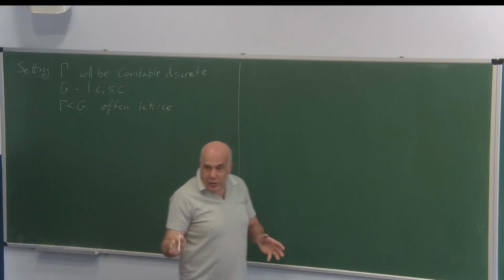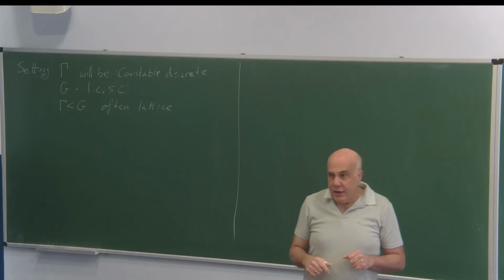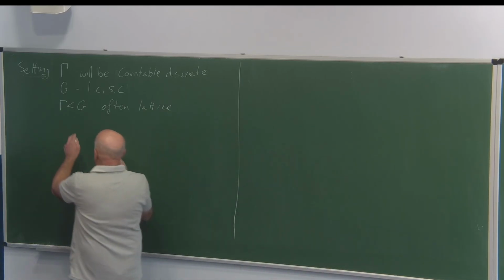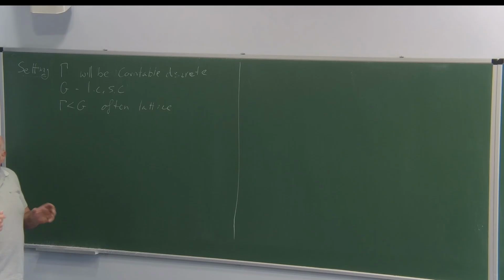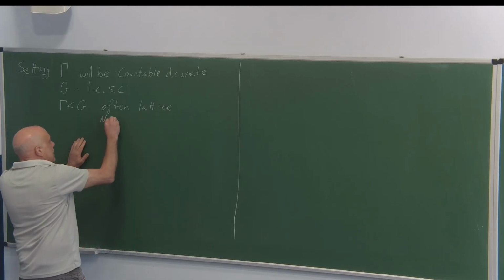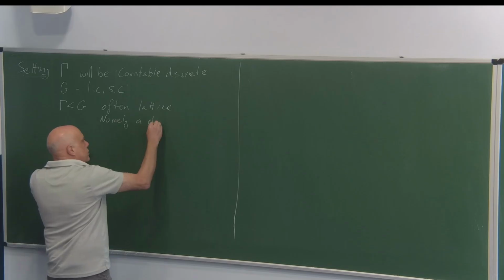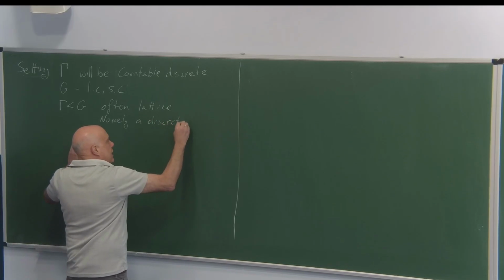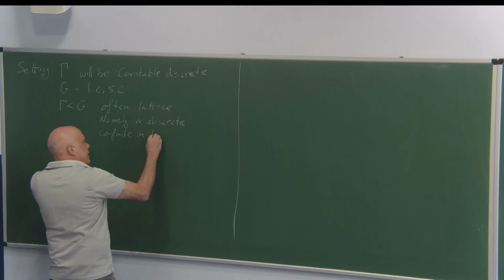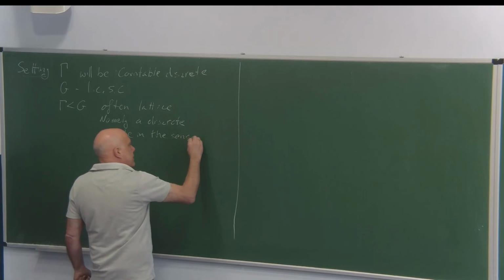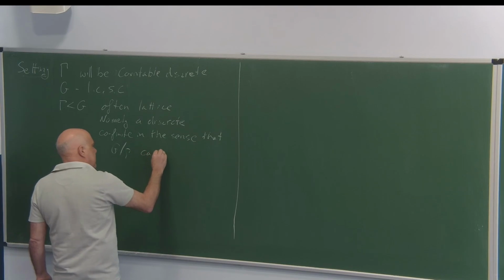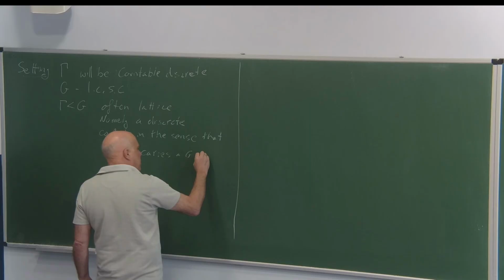Somehow the whole theory of rigidity and so on talks about the connections between these two. A lattice, namely a discrete and cofinite subgroup, in the sense that G mod gamma carries a G-invariant probability measure.